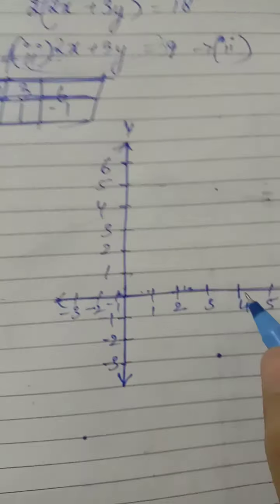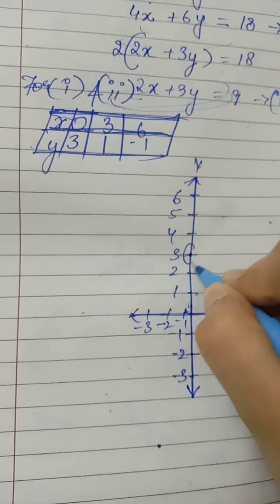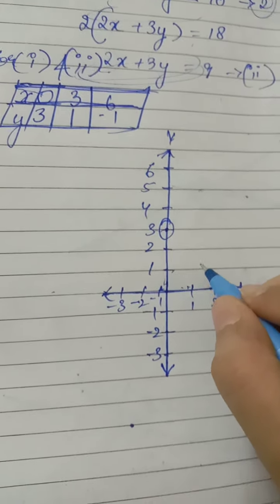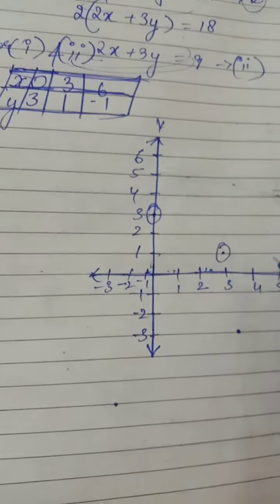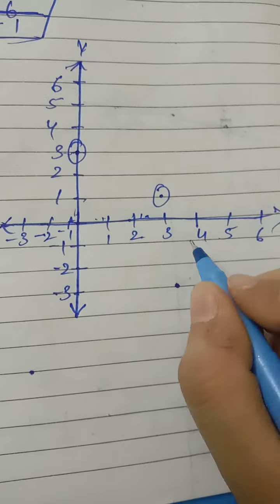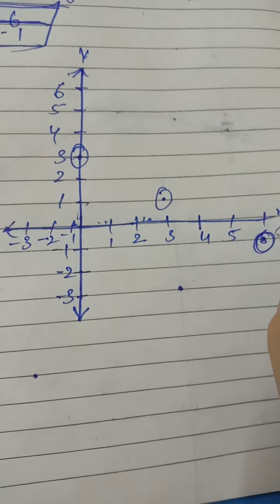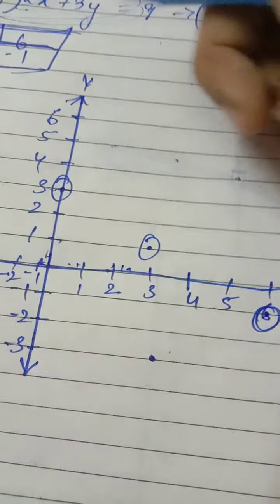Okay, first solution we have (0, 3). Then we have (3, 1). Then we have (6, minus 1). That is, here we'll get it.